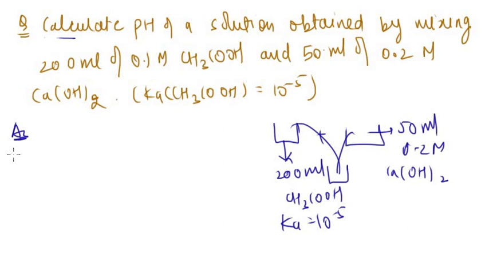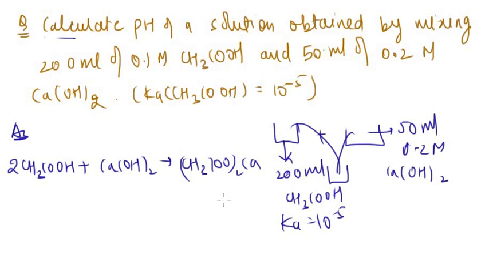So we have calcium hydroxide and acetic acid. If we balance the equation, we have 2CH3COOH plus calcium hydroxide giving calcium acetate plus 2H2O.